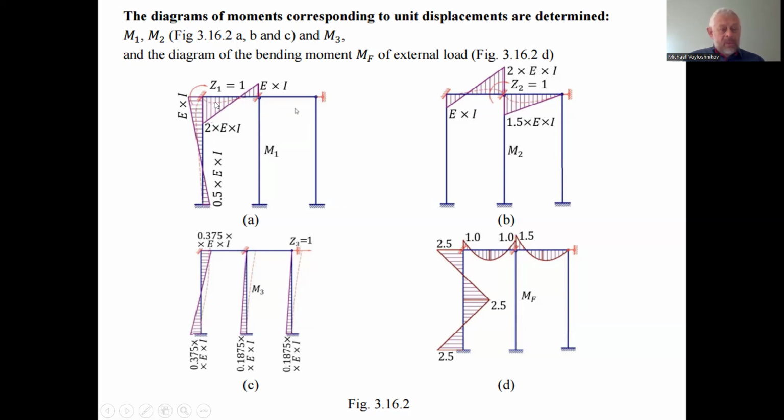That's why we consider what happens if this support rotates clockwise by one unit. It's not so important whether it is 1 meter or 1 centimeter; we just say unit displacement, unit one.